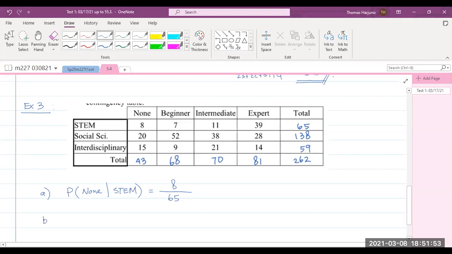How about the probability of, let's say, not social science given that person has intermediate level of technical writing expertise. We see how many people have intermediate level of technical writing.